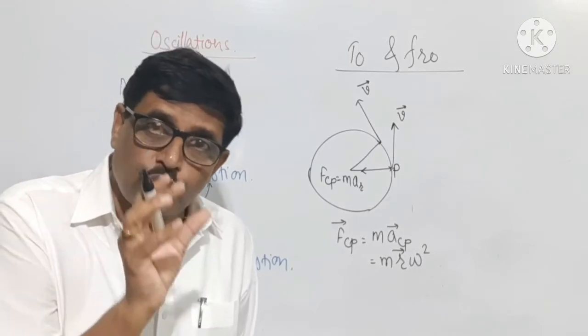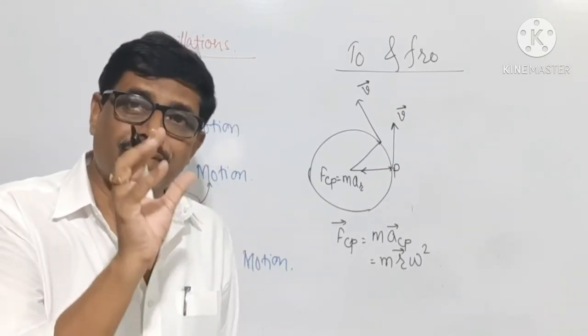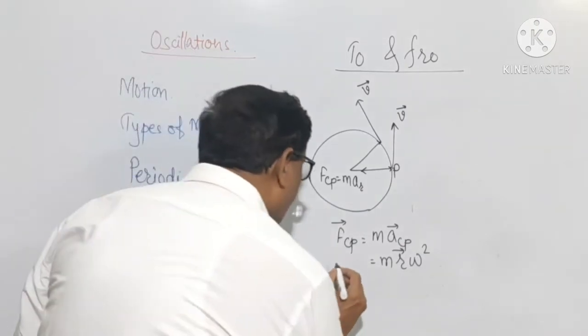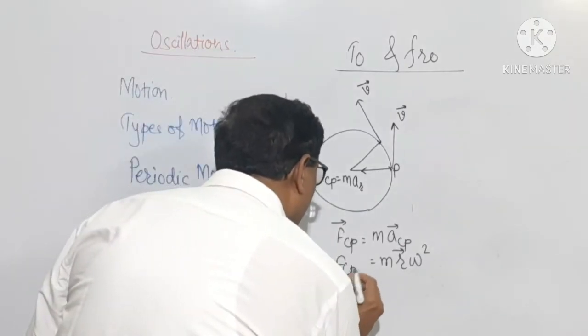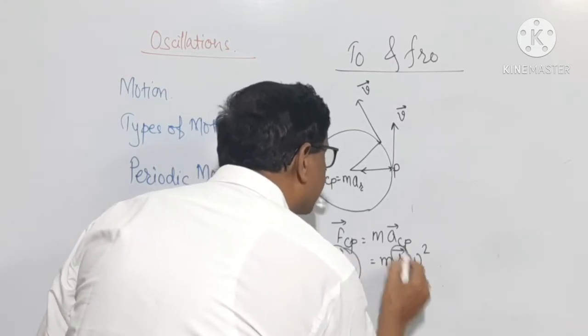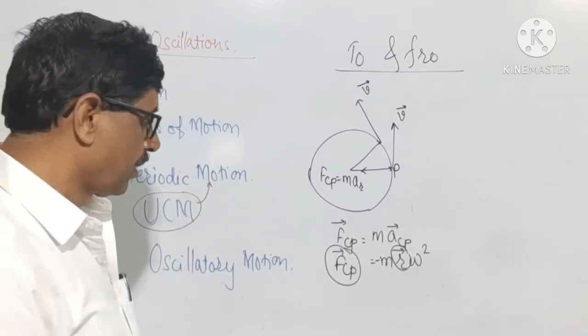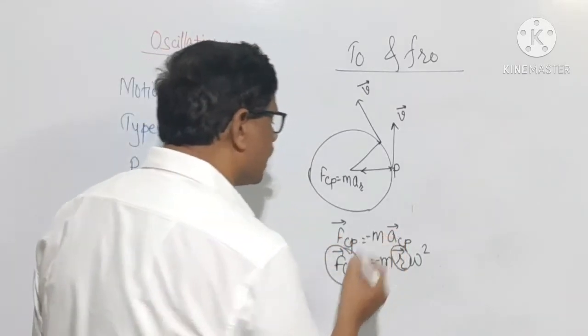Here I want to underline one thing: the force in a uniform circular motion, with a direction, can be written as minus of that.